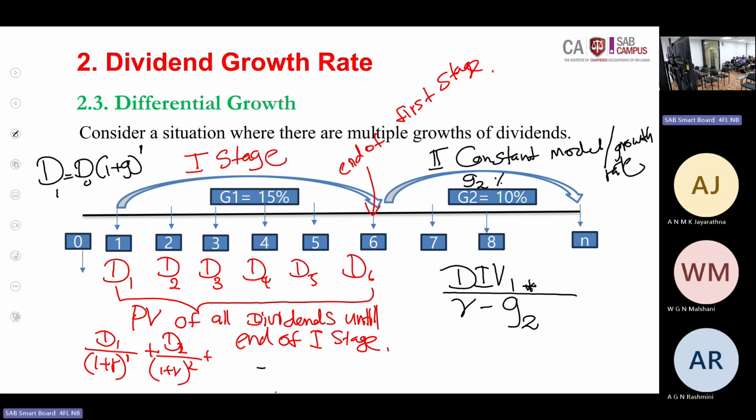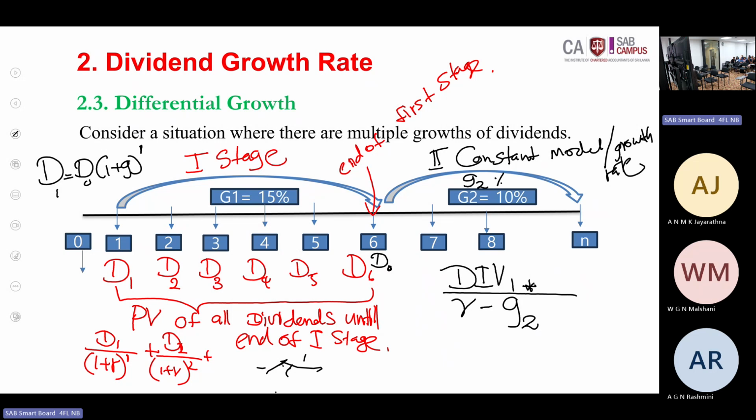Where are we starting this model? Here, 6. D0 is the end of the first stage, right? And then you are starting here. My current year is now T6. So what do you need to consider?